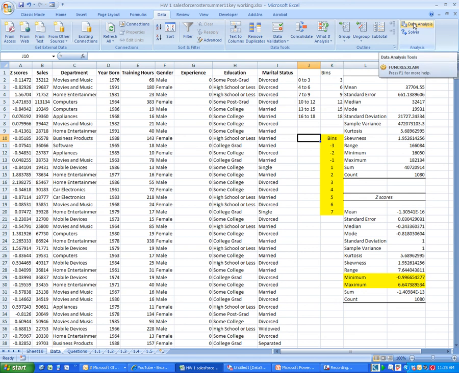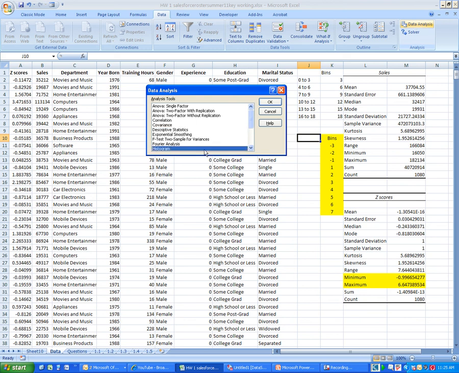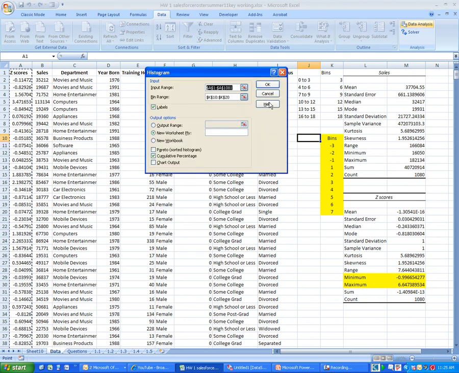So if you recall from a prior video lesson on how to create ranges off of continuous data, we're going to go to our data analysis tool pack, click on histogram, click OK. We have our z-score data selected, and then we have our bin range selected. And here you'll see I have this going from minus 3 to 7.